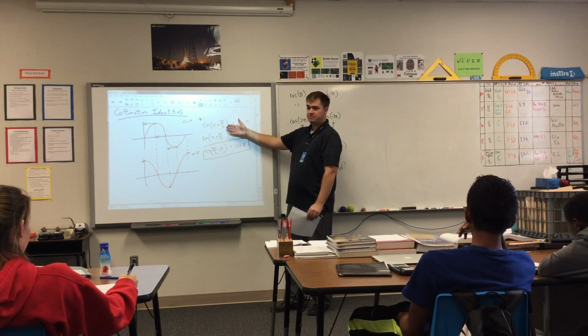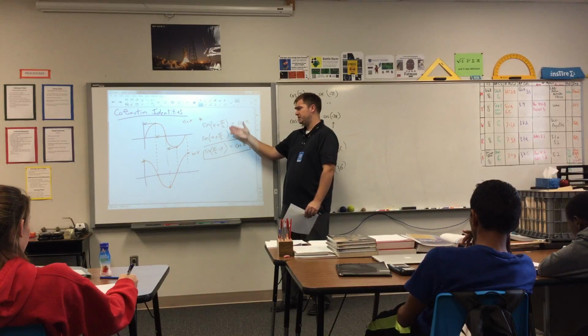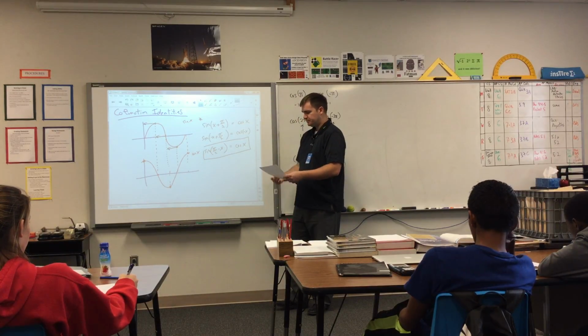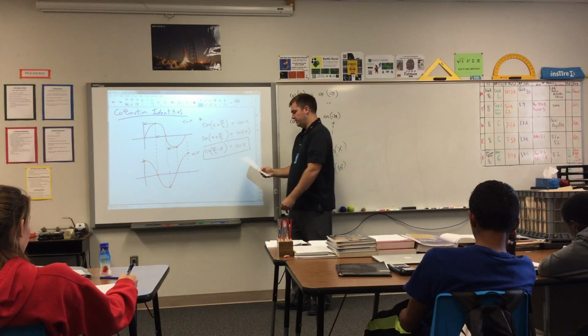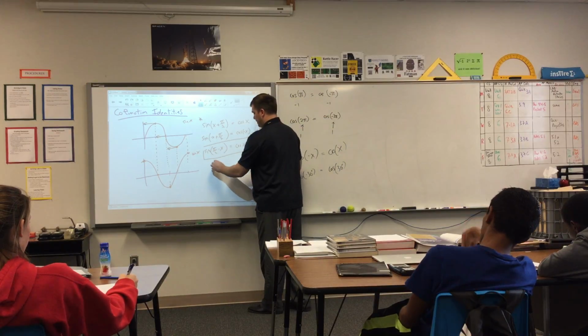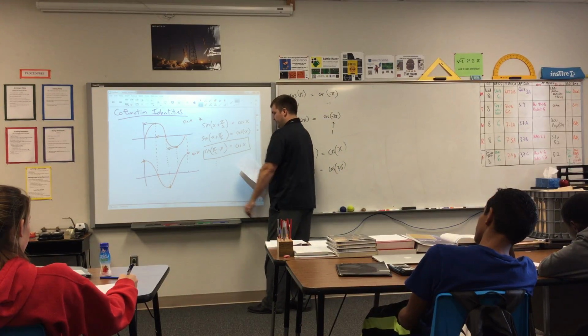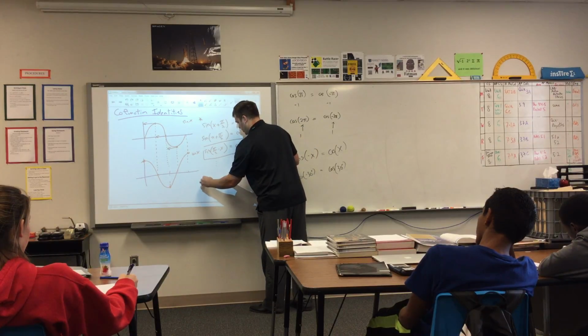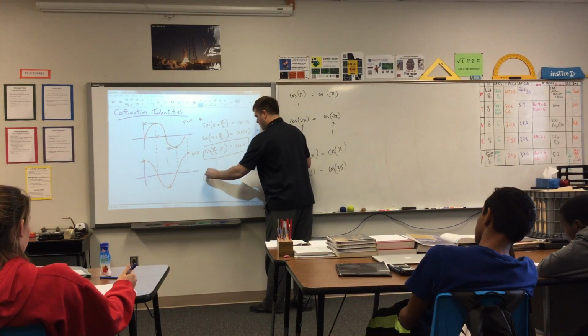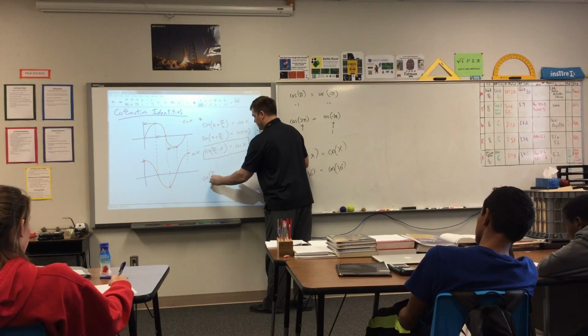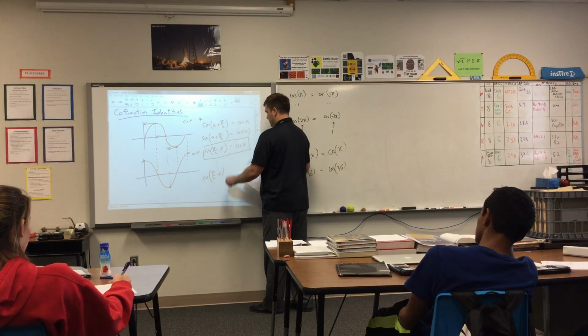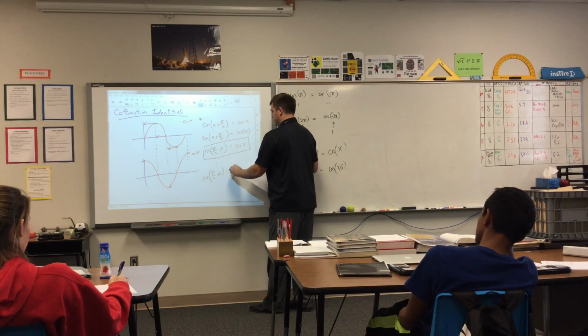I prefer this way personally because it's very easy to see that there's a shift. Okay, but whatever. In the same way, dot dot dot, you've got cosine of pi over 2 minus x equals sine x.